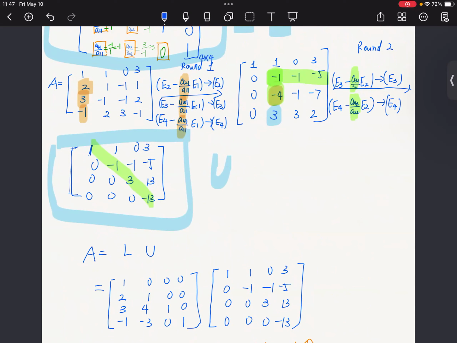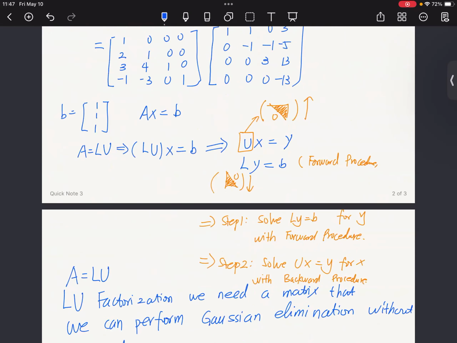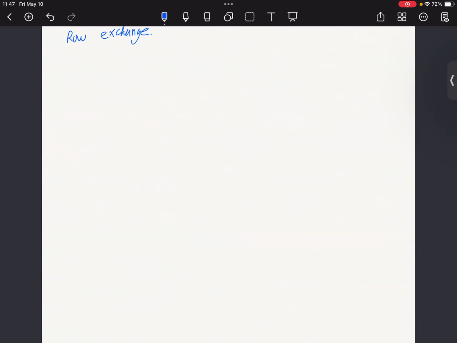So there are some mathematical ways to determine whether we need the row exchange. Next time I'm going to tell you the definitions, but here is the theorem about the LU factorization, theorem 9.1 in the first textbook.